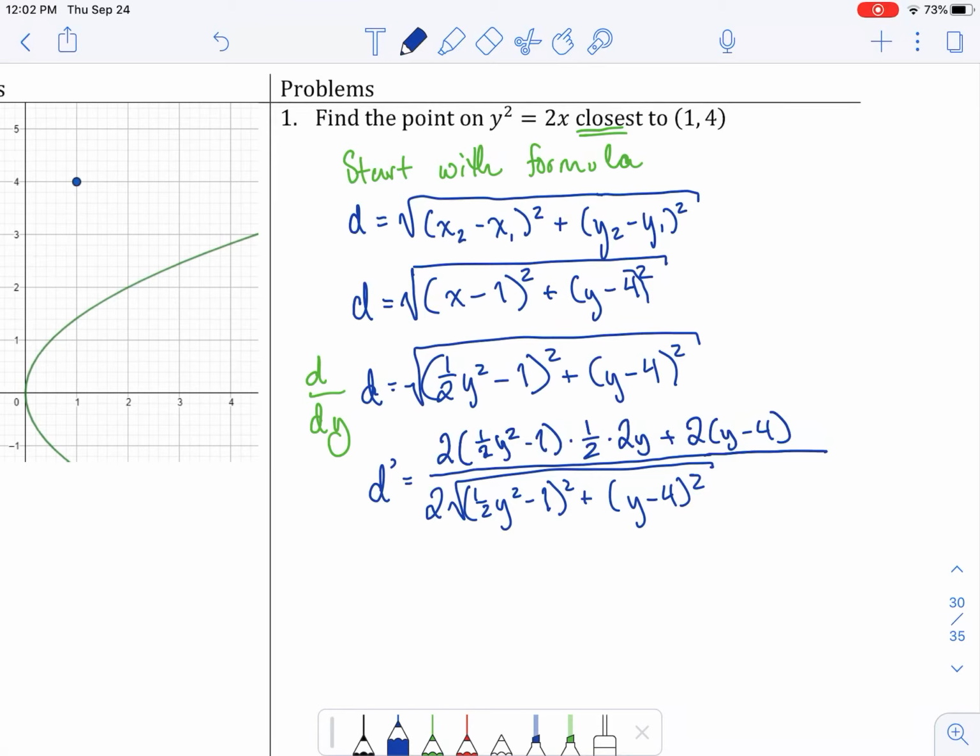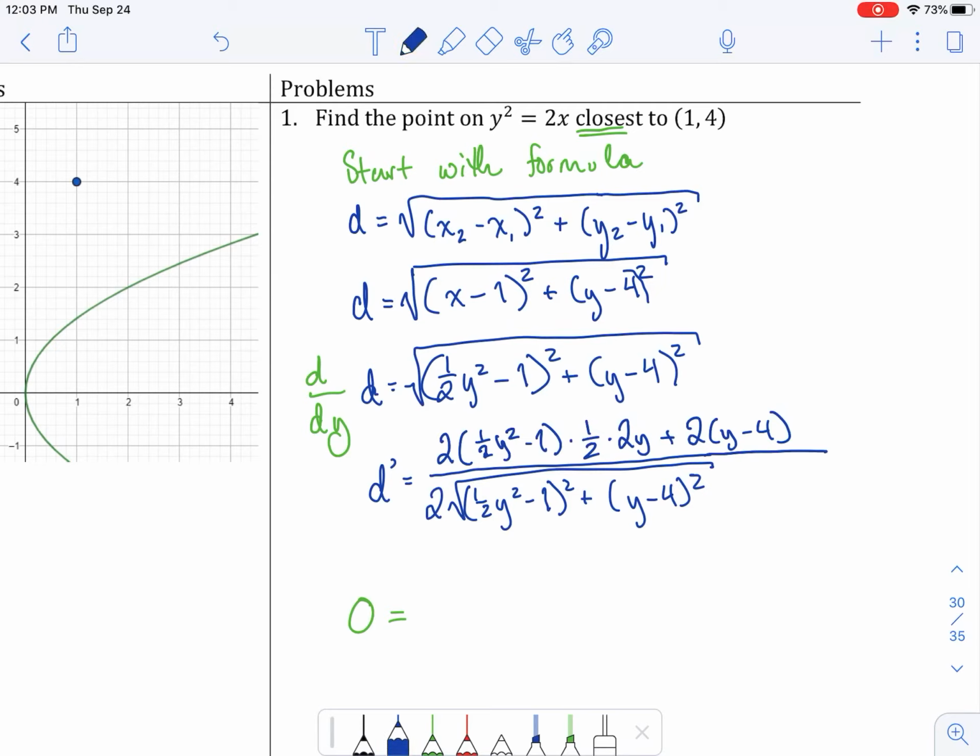Now, the reason that I'm leaving this all like this is since it's an optimization problem, the next thing that you're going to do is you want to set it equal to 0 because you're trying to find the max and min values. You're trying to find those critical points like we reviewed last week. And when you set a fraction equal to 0, you really are only setting the numerator equal to 0.